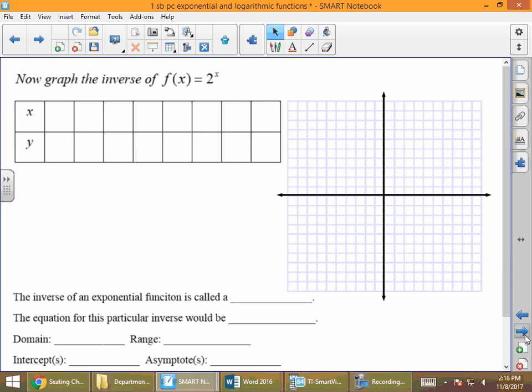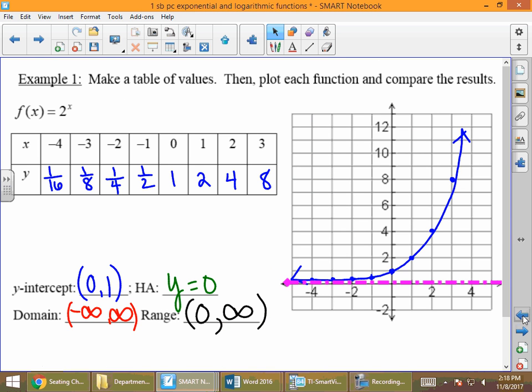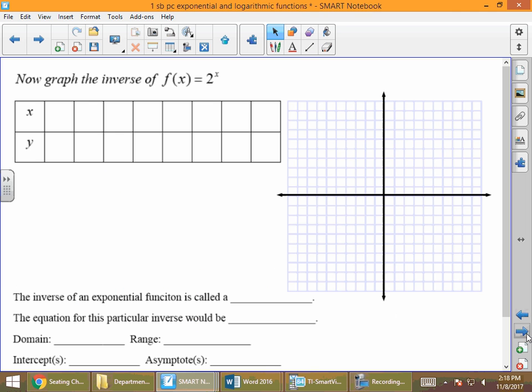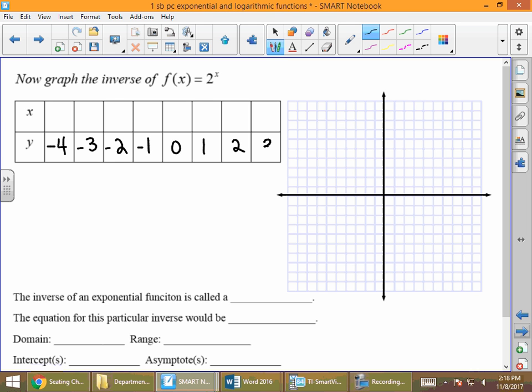So remember, when we're graphing the inverse of 2 to the x, the x and y values switch. So if you wrote yours in decimal, then you're going to have decimals on yours. I wrote mine in fractions. But down here, then, this is -4, -3, -2, -1, 0, 1, 2, 3.